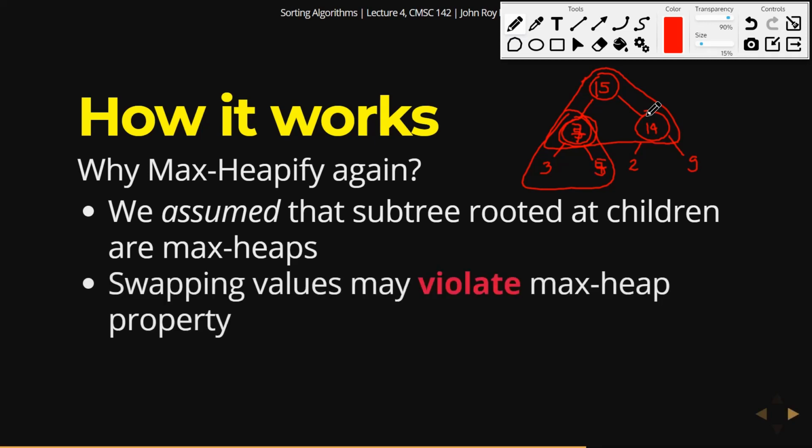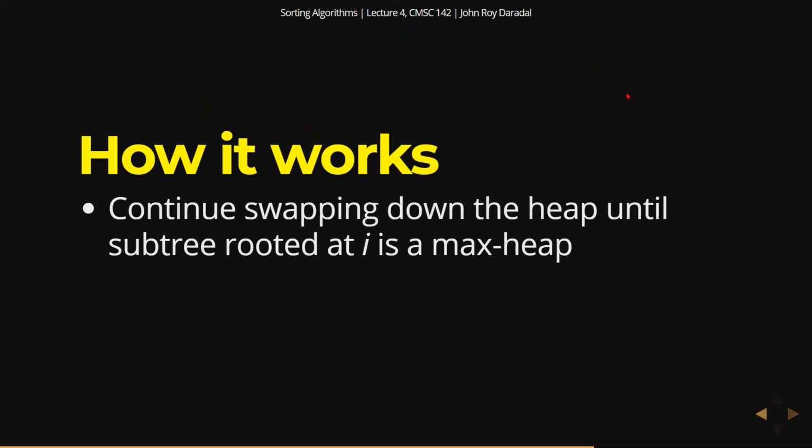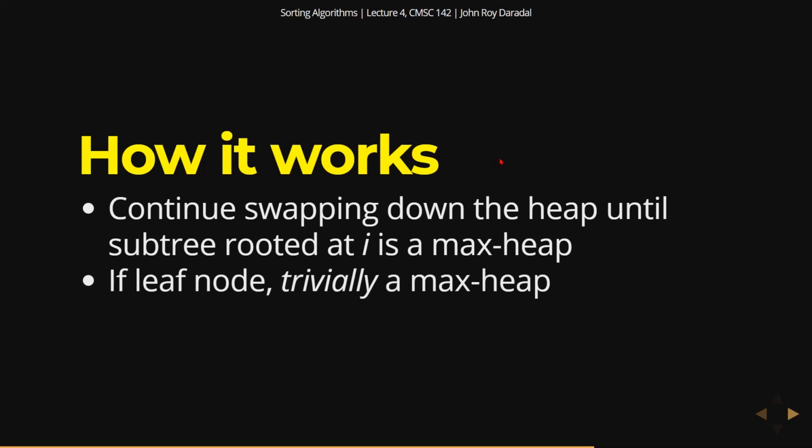Swapping values may violate the max heap property, that's why we need to do it again. So continue swapping down the heap until the subtree rooted at i is a max heap, and if it's a leaf node, then it's obviously a max heap by itself, because there are no children.